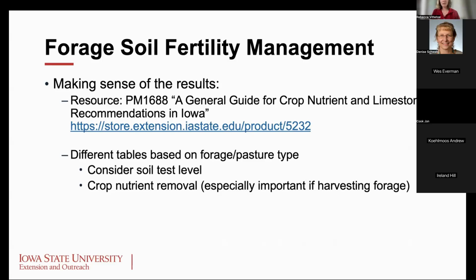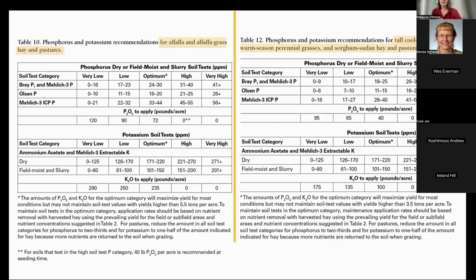But inside this publication, we have different tables based off of what type of crop or forage we're looking at. And it's going to show the different soil testing categories that we have and help provide recommendations based off of research that we've done and based off of the soil testing categories on what we would need to or recommend to apply. So this is just an example of what some of those different tables look like in this publication.